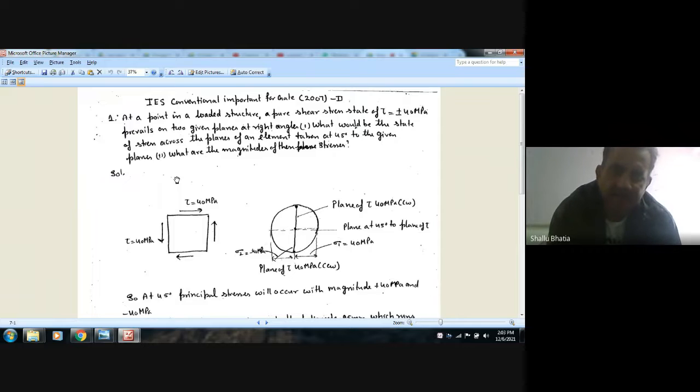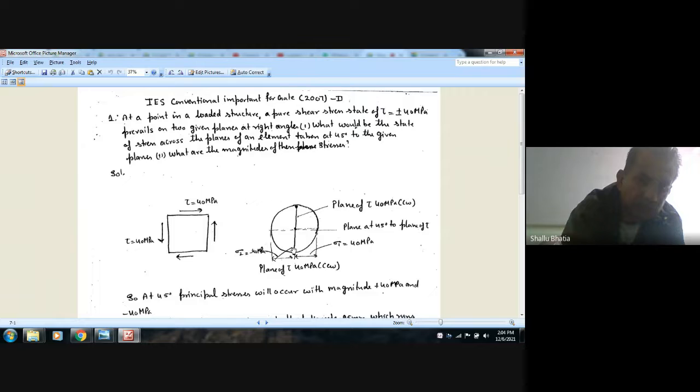So, as only shear stress is given, that is equal to plus minus 40 MPa, it is the case of pure shear. Okay, so when we draw its Mohr circle, that is the plane of this tau, and it is clockwise.